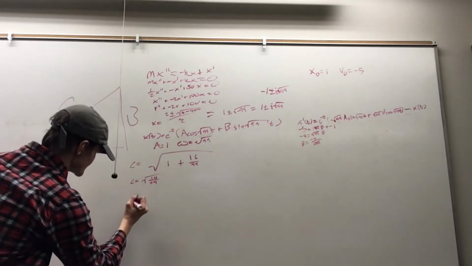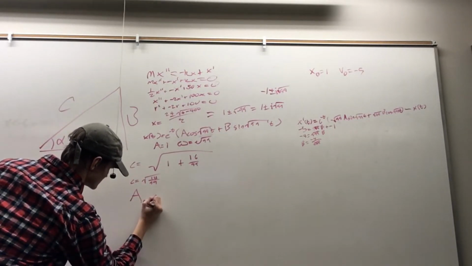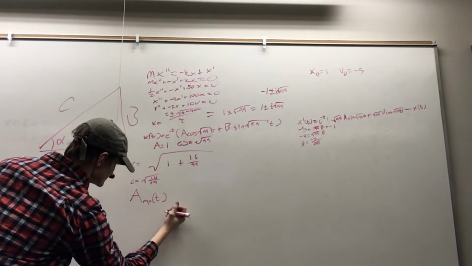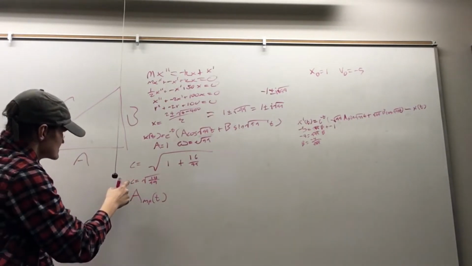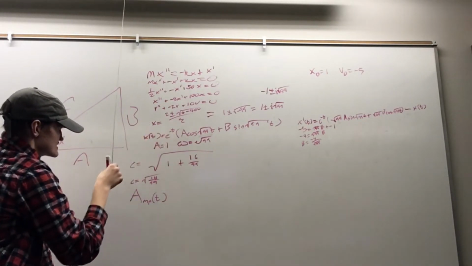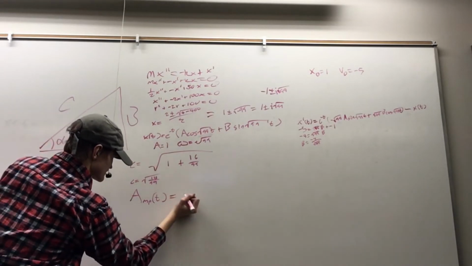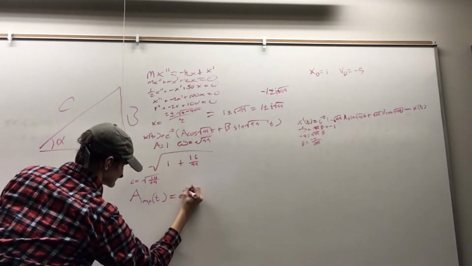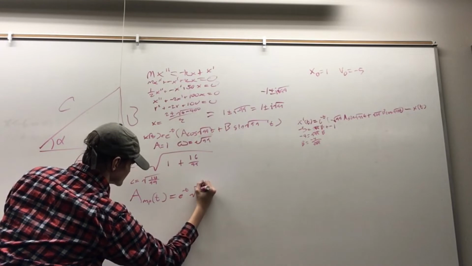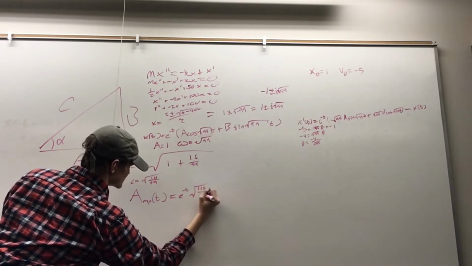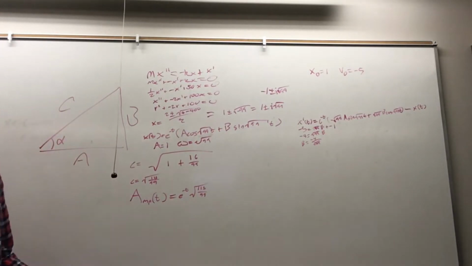But the changing amplitude of t is C times the dampening function e to the negative t. So that is simply e to the negative t times square root of 115 over 99. So that's going to give the amplitude of the wave at any given point.